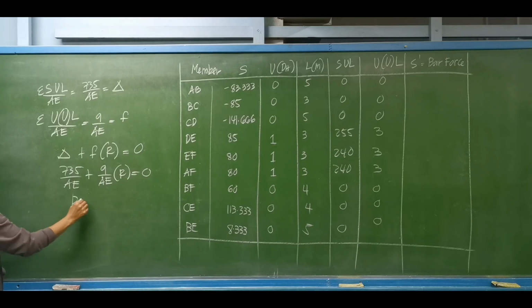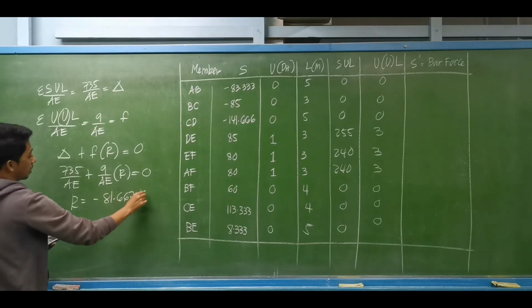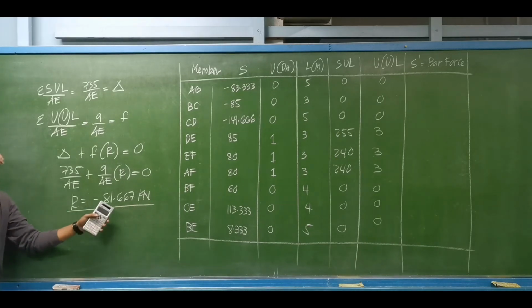So the value of the redundant is now equal to 735 divided by 9, and that's equal to negative 81.667 kilonewtons.